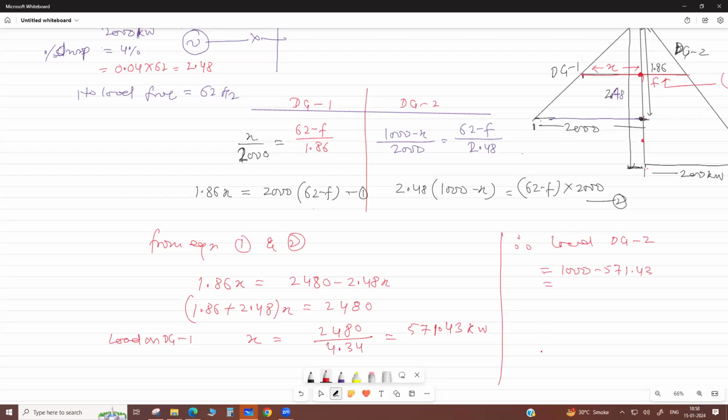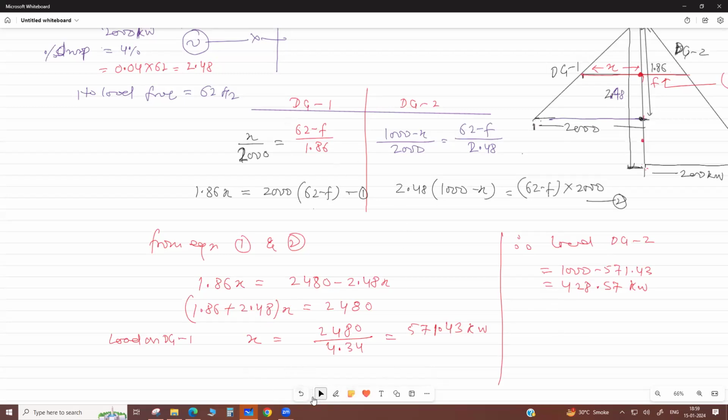It is 428.57 kilowatt. If they ask for the frequency, you put the x value in this equation or either of these, and you get f also.